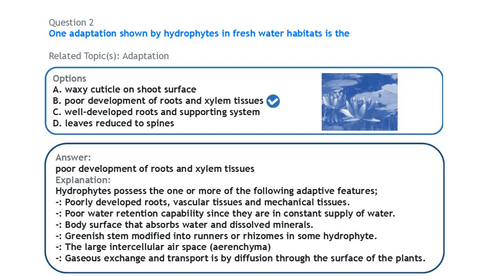In the case of the hydrophyte, because they are in the water, some of their parts like their leaves are even submerged, so they don't necessarily need a highly developed transport system or conducting tissue or roots. So hydrophytes have poorly developed roots and xylem tissues.